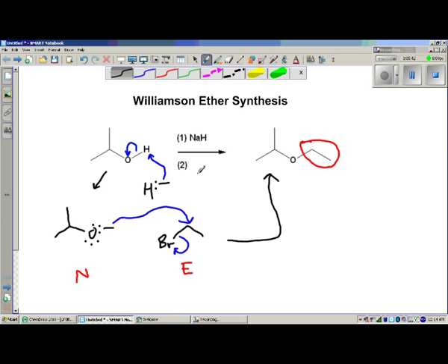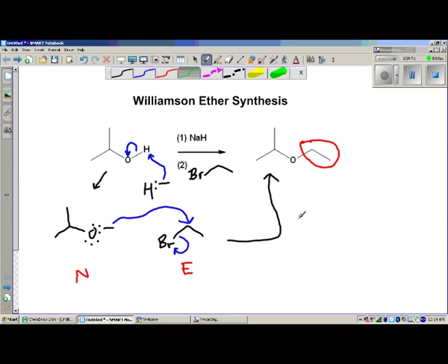So the species in step number 2 here that I haven't drawn on is simply an alkyl halide, and that second species is always going to be an alkyl halide of some sort. However, it's not just any old alkyl halide. Do you remember from your Organic 1 study, if you have a strong nucleophile reacting with a primary substrate, so you get the leaving group all in one step, what sort of a reaction is that?